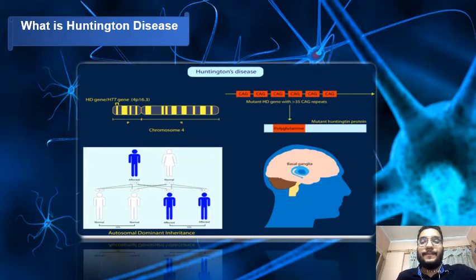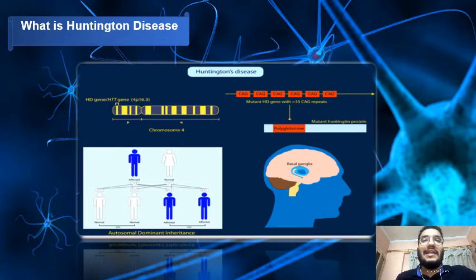Okay, let me talk to you about the genetics of Huntington disease. In 1993, the gene associated with HD was identified, the HTT gene, located on chromosome 4p16.3. It contains a variably expanded CAG trinucleotide repeat sequence in exon 1.